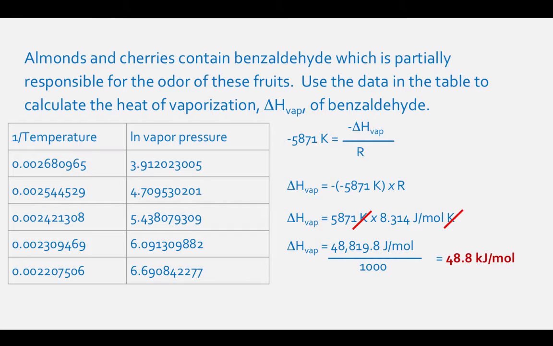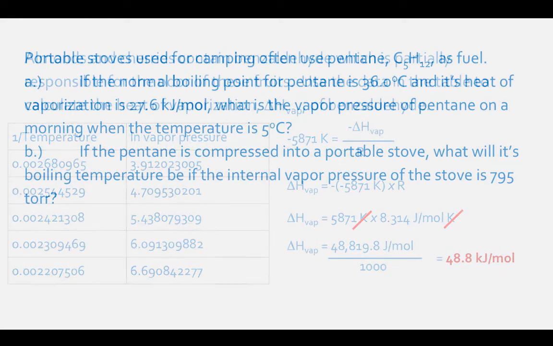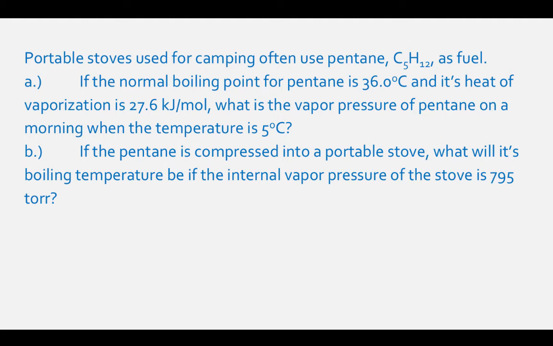And you have an answer of 48.8 kilojoules per mole. Portable stoves used for camping often use pentane, C5H12, as fuel. A. If the normal boiling point for pentane is 36 degrees Celsius and its heat of vaporization is 27.6 kilojoules per mole, what is the vapor pressure of pentane on a morning when the temperature is 5 degrees Celsius?